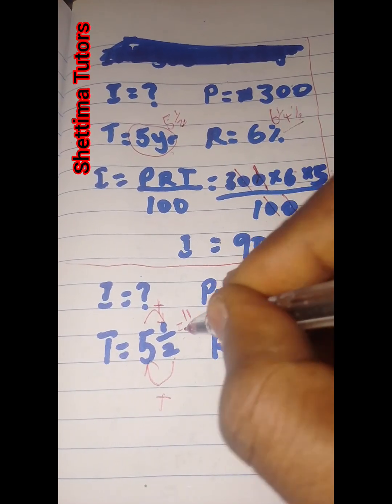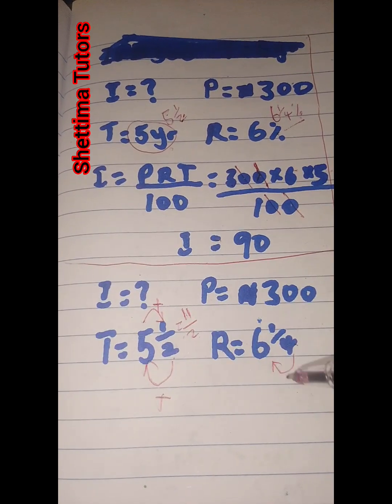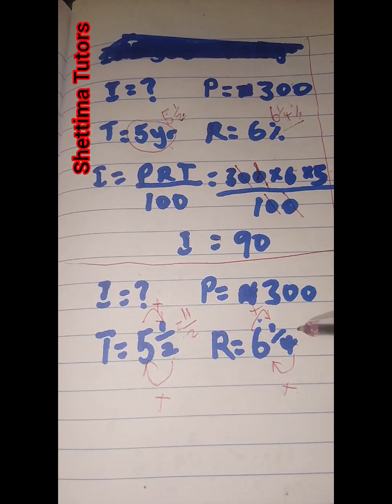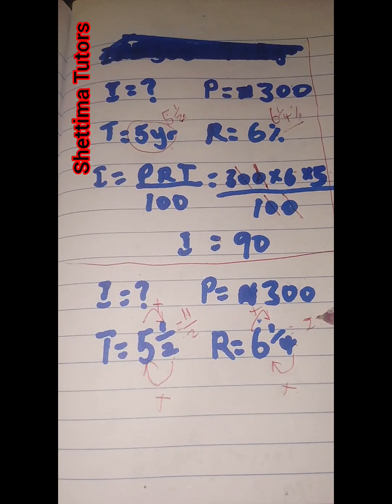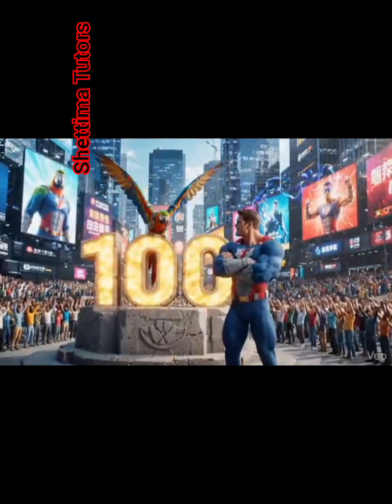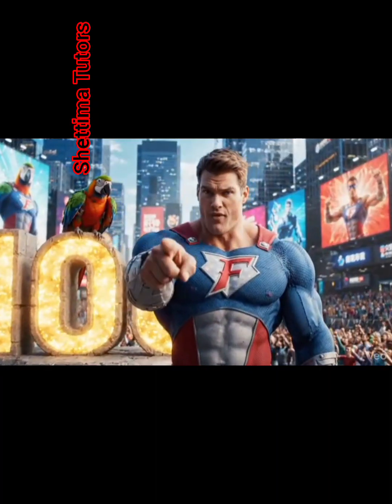And our rate, 6 times 4 plus 1. 6 times 4, 24, plus 1, 25. 25 all over 4. So let me write the formula this time. Simple interest is PRT over 100.